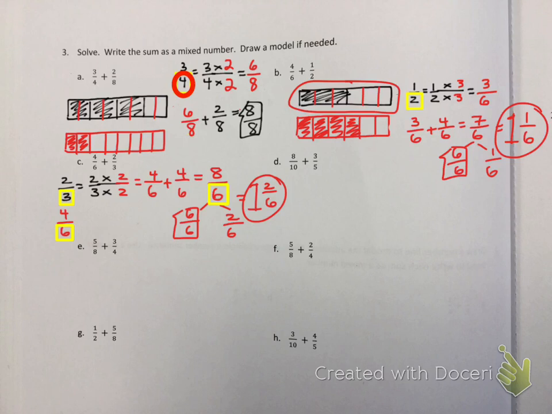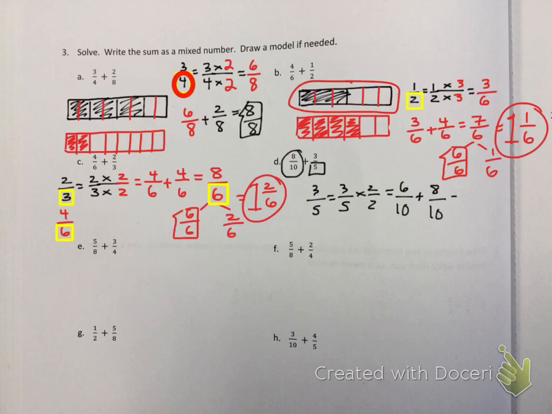Okay, for 8/10 plus 3/5, I can see that these fifths are going to have to turn into tenths. So in order for me to do that, I'm going to multiply by 2. So I'm going to get 6/10. And now I just have to add the 8/10. Right? We can't forget it.